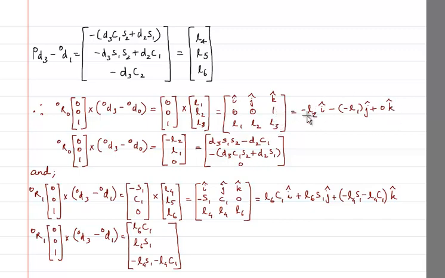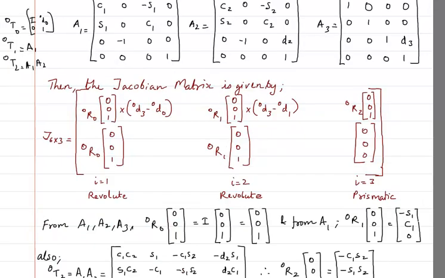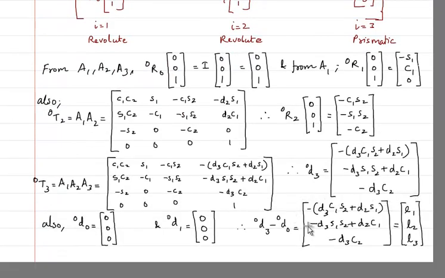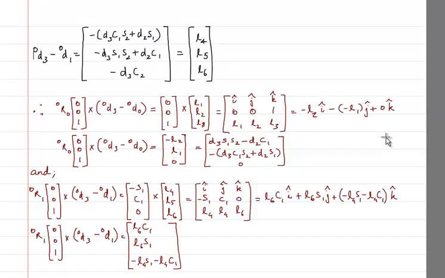Based on that, I get this answer, from which I can take the i component as minus L2, the j component as plus L1, and the k component as 0. So this multiplication will give me minus L2, plus L1, 0. What is L2? What is L1? We have already seen that previously, so I have put that value here.